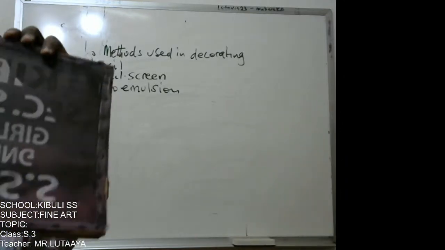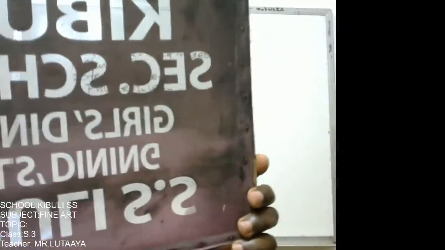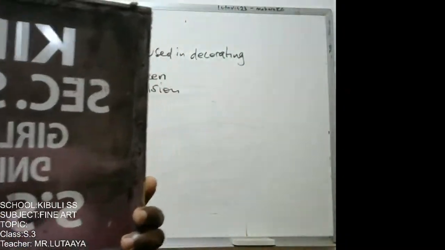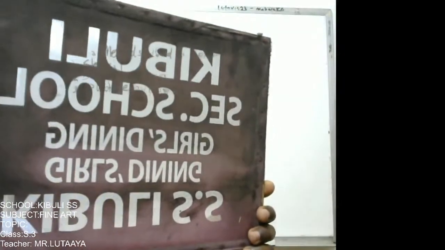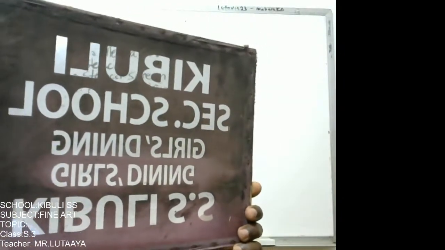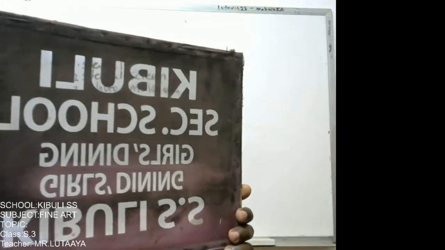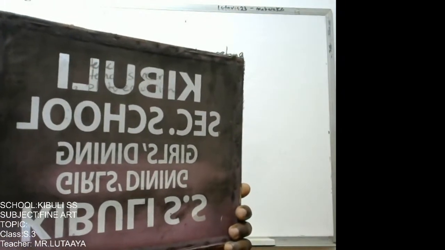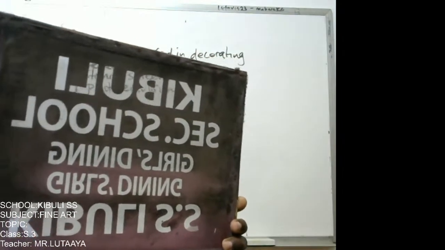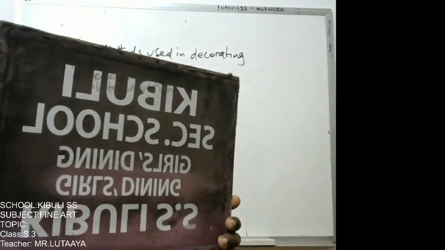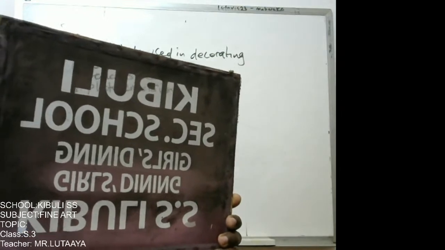So that's why we have a design like this one. This is a product of photoemulsion. The light areas you see were the blocked ones. The dark areas that remained were the ones that were not blocked.